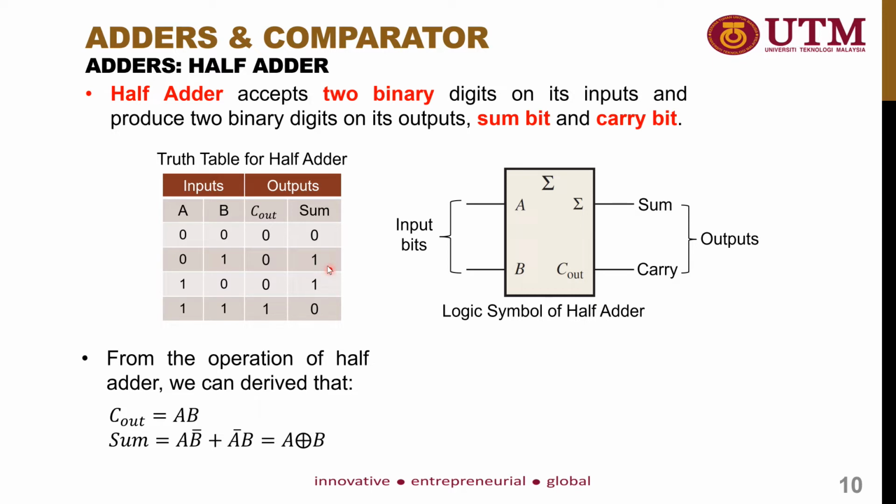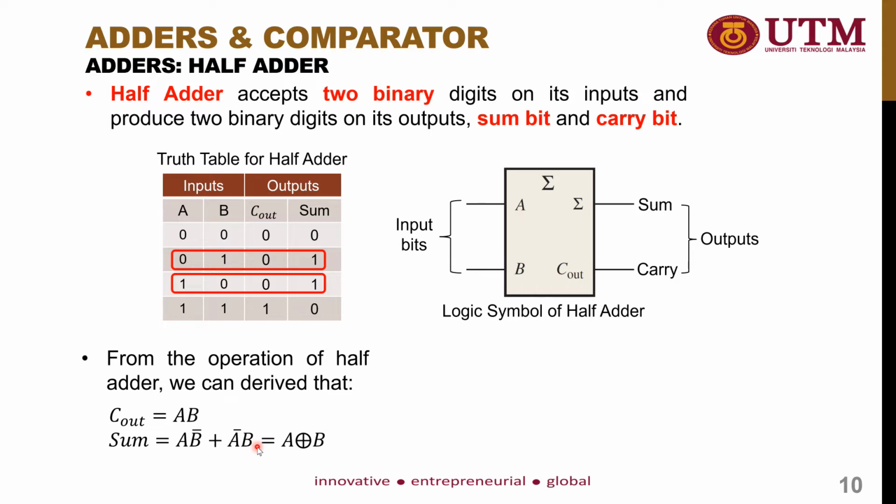When the sum is equal to 1, A is equal to 1 and B is equal to 0, which represents A B bar. The second part, when the sum is equal to 1, is when A is equal to 0 and B is equal to 1, which gives A bar B.